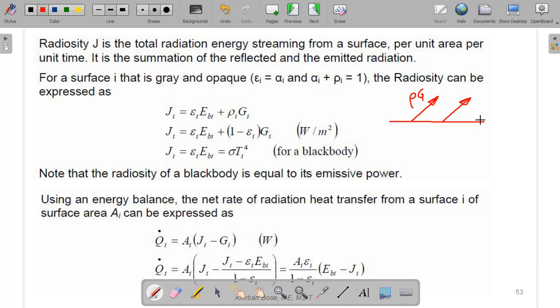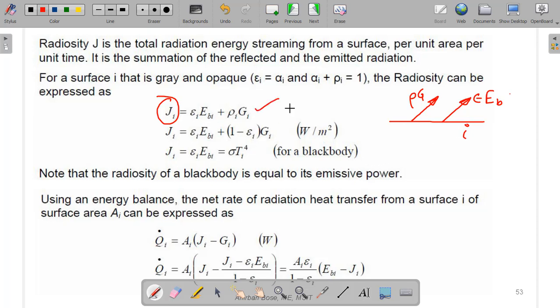If it is a non-black surface, it is the blackbody radiation multiplied by the emissivity of that surface. So these two quantities are basically streaming out from a particular surface, and the summation of these two is called the radiosity. So the radiosity of a surface i is epsilon E_b plus rho into G corresponding to that surface.